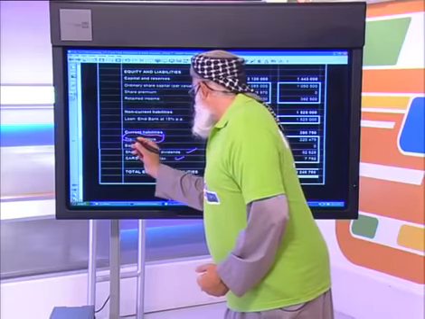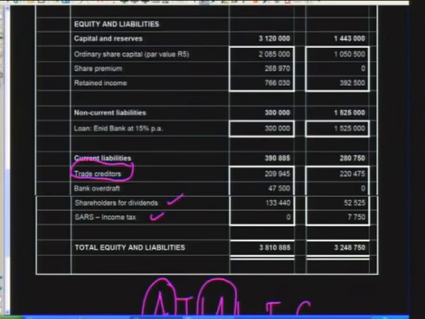Now, looking at trade creditors, what happened? At the beginning of my financial year, my trade creditors were 220,475, and at the end of the year, 209,945.